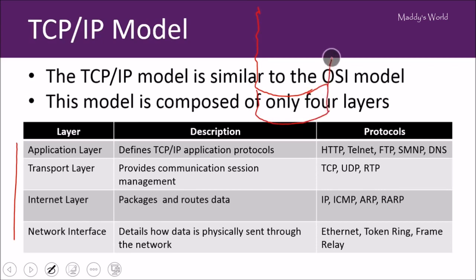This is kind of silly, so I apologize if my animation is getting in front of the words, but I think of a tin cup with 4 different layers, and for whatever reason, that just helps me remember the order of the TCP/IP model layers. Notice some of the same protocols are listed there, and we'll see in just a second that the TCP/IP model definitely matches up and aligns with the OSI model. The only difference here really is that there are 4 layers instead of 7.